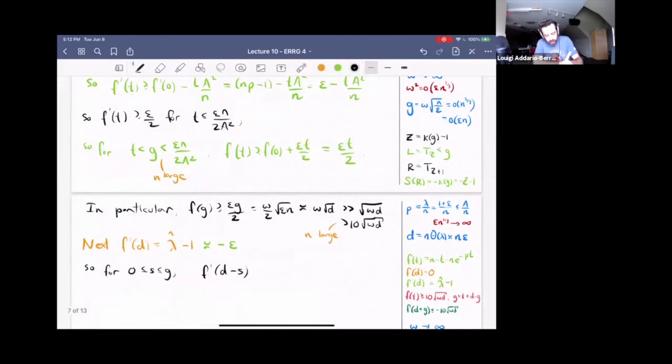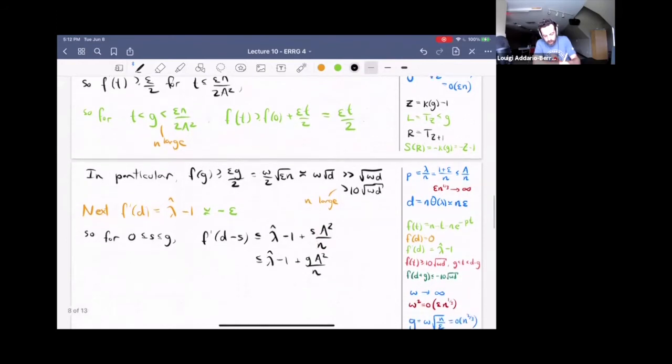So what's the slope of f at time d minus g? Well, our bound on the second derivative tells us that that's at most g a squared over n, right? This is our bound on the second derivative. So that's at most lambda hat minus 1 plus g a squared on n.